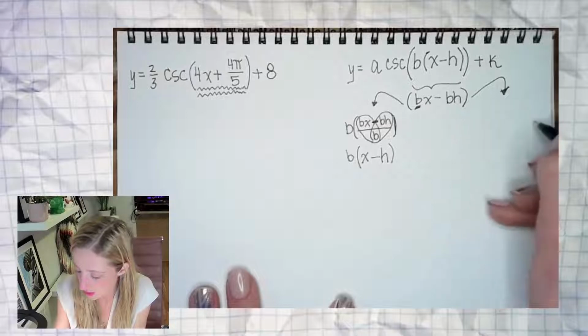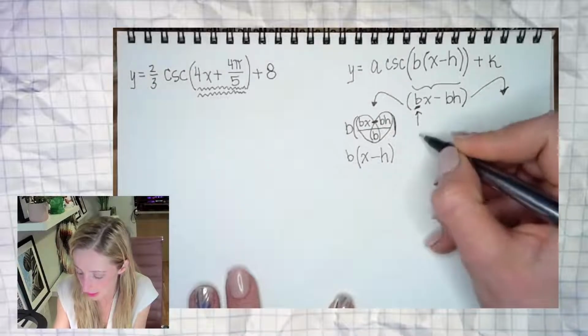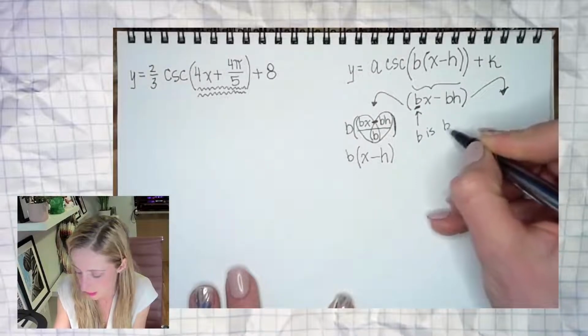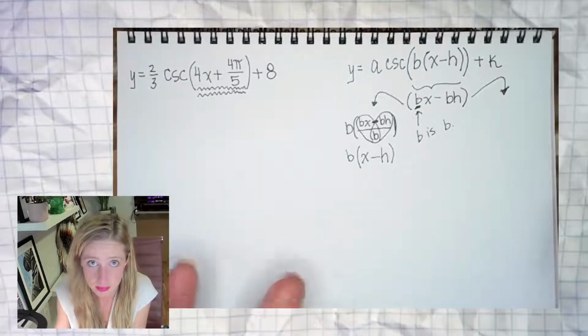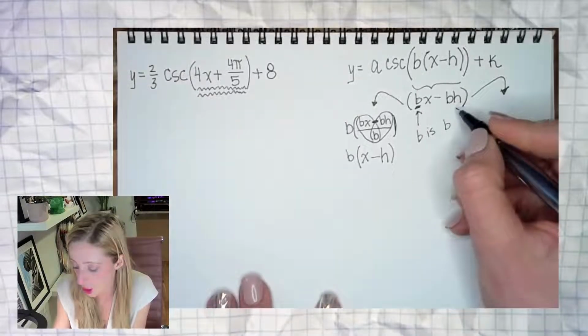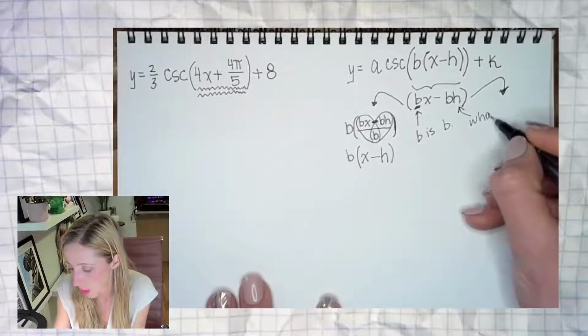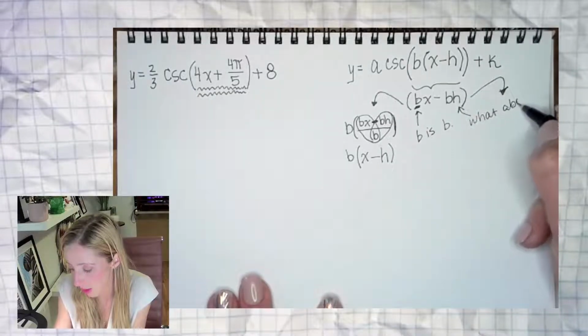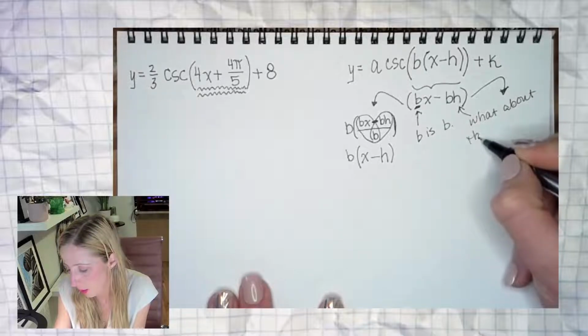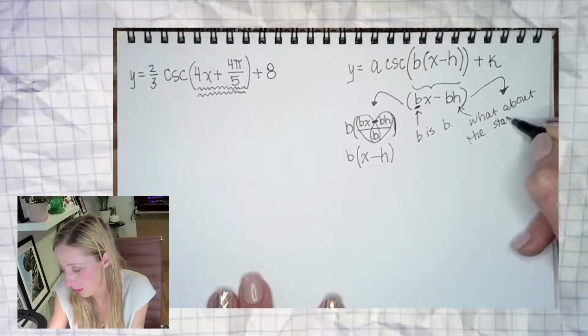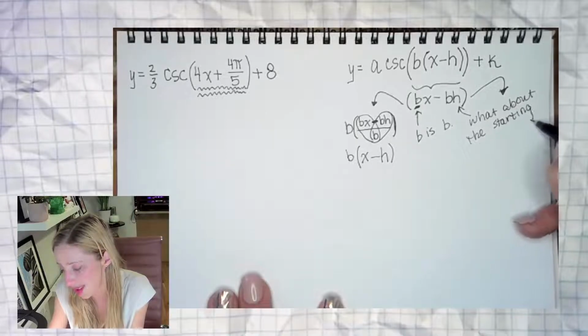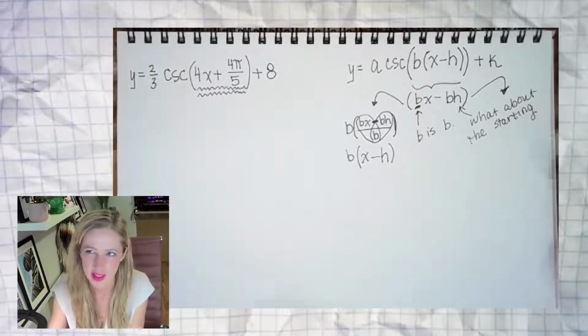So what do we do in this case? Well, your b value is your b. B is b, it's the thing in front of x. Great. But what about your shift? Your left-right shift, okay? We want to call it maybe the starting point. What about the starting point? Like the origin, or 0 for your input, because it's not always at the origin.